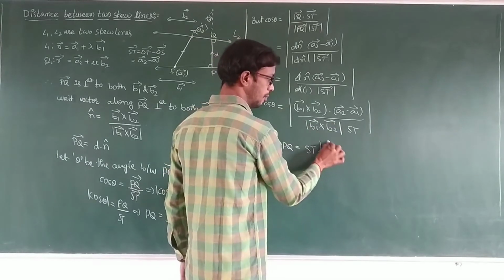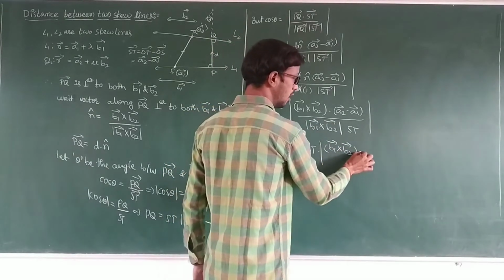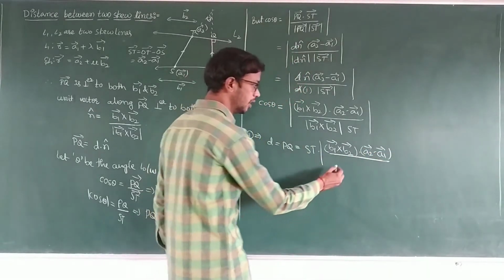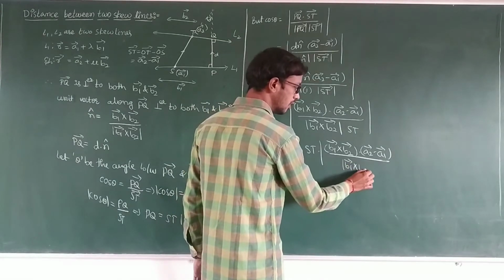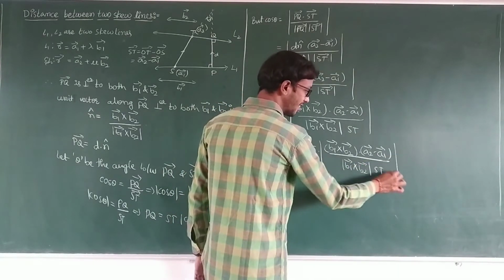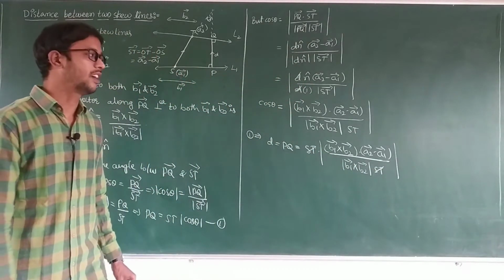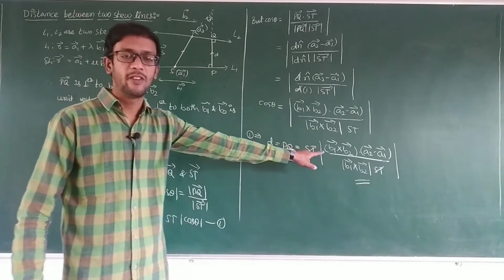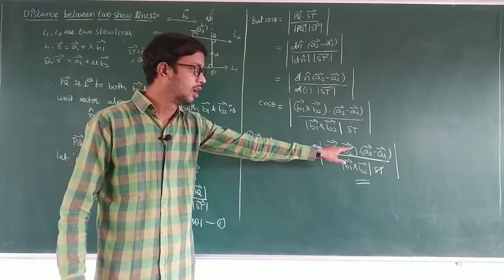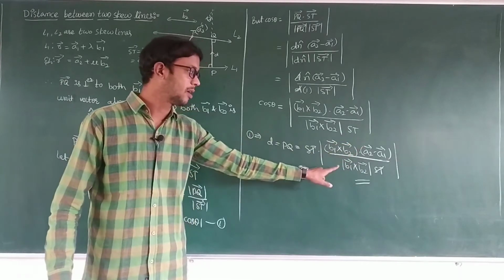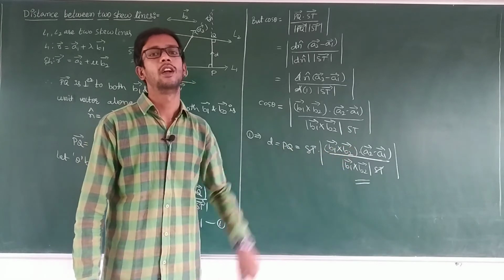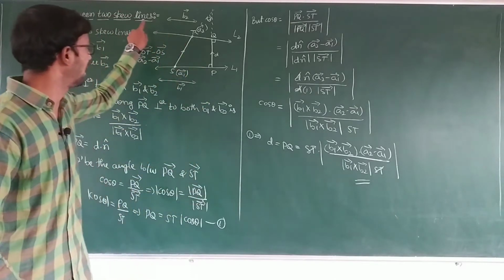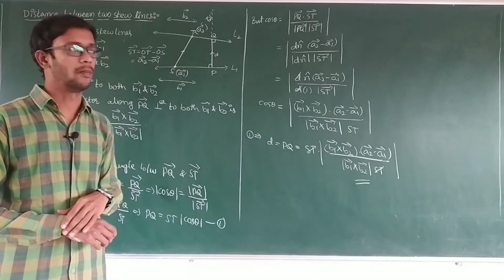Cos theta value is b1 bar cross b2 bar dot product a2 bar minus a1 bar divided by magnitude of b1 bar cross b2 bar, into SP. SP cancels. So the shortest distance between two skew lines in vector form is b1 bar cross b2 bar dot a2 bar minus a1 bar by magnitude of b1 bar cross b2 bar. This is the shortest distance between the two skew lines which are in vector form.